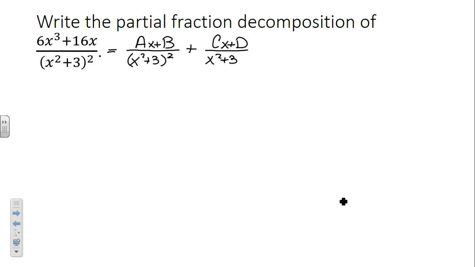So far so good? All right, so if we multiply everybody by that denominator, this one's canceling. Yep, that's also all gone. Everything's gone. And x squared plus 3 squared, the whole thing doesn't cancel, just one of them, right?